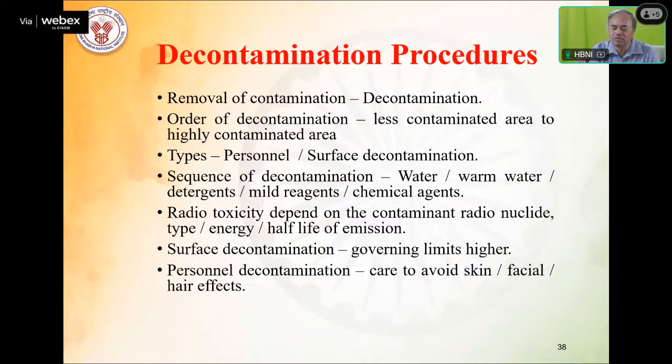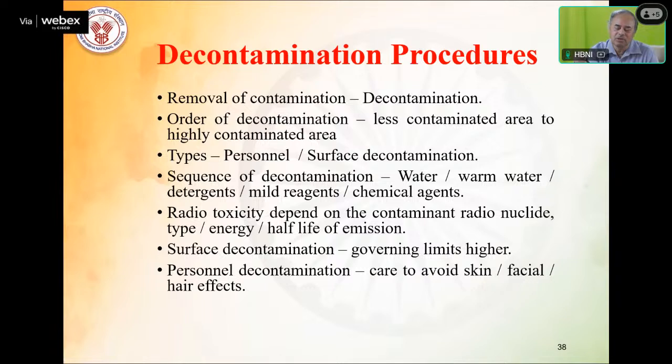Radiotoxicity depends on the contaminant radionuclide, and the type, energy, and half-life of emissions. I think that is clear. We have so many radioisotopes; they have different kinds of energy and different half-lives. Their natures are very different. They can be alpha emitters, beta emitters, and so on.